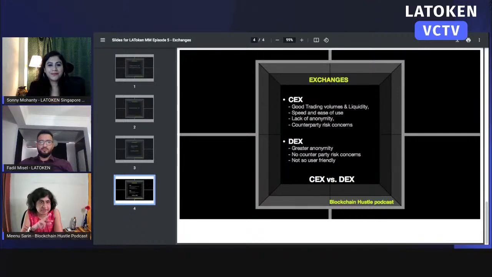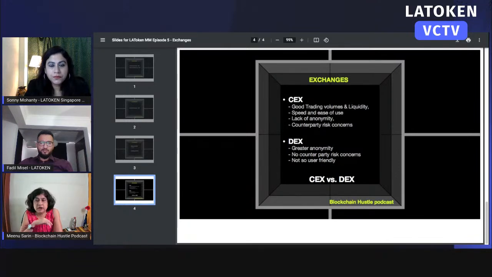But on the flip side, there is no anonymity. You are trusting a central entity with your funds, so there could be a counterparty risk, and the exchange is controlling your funds. In this case, you do not hold custody of your funds.